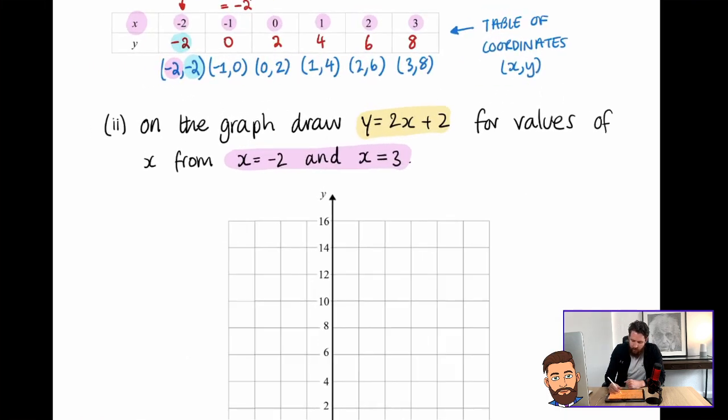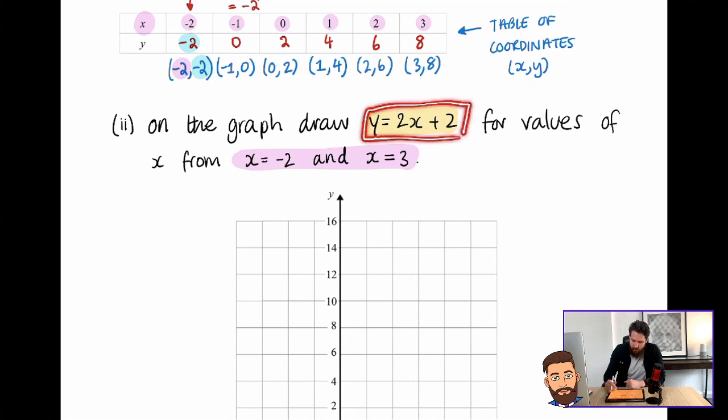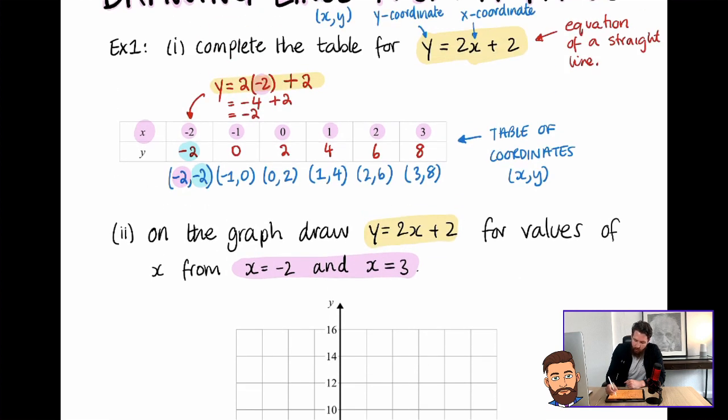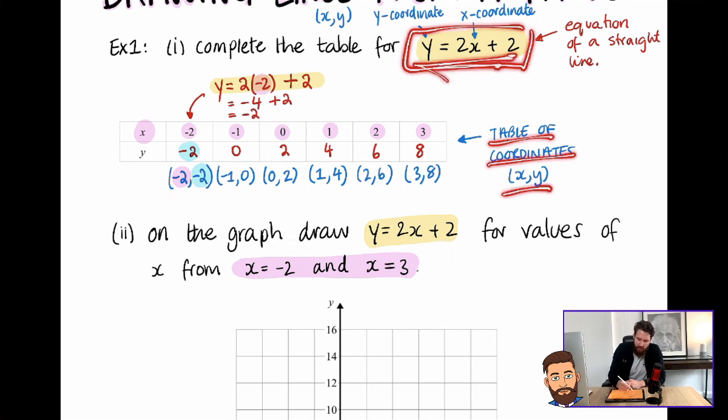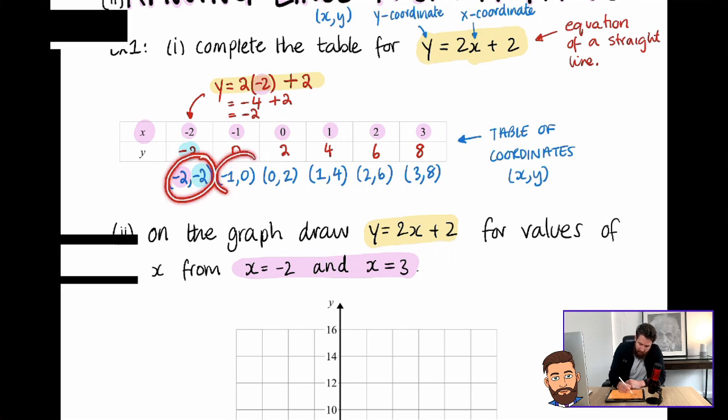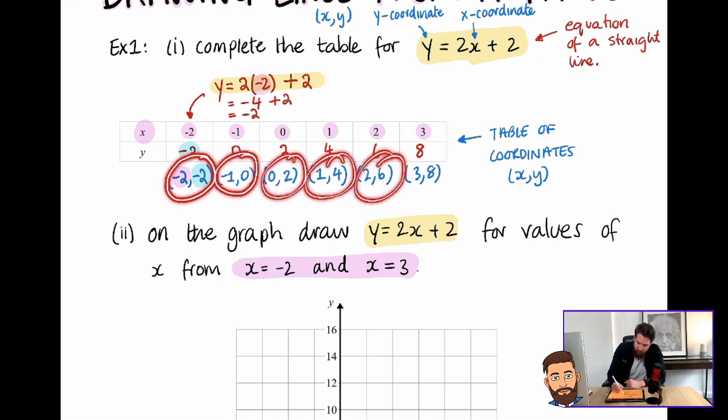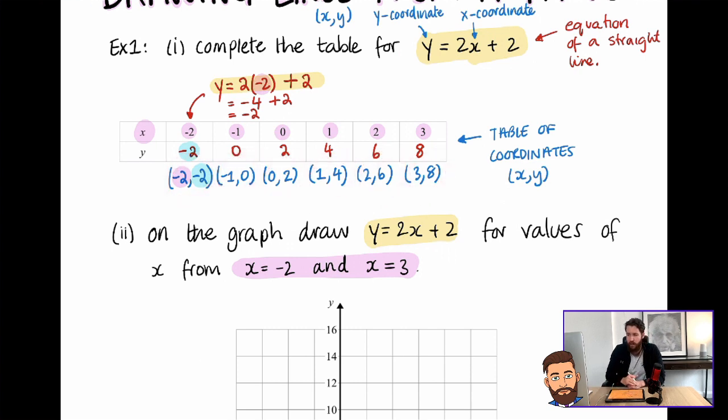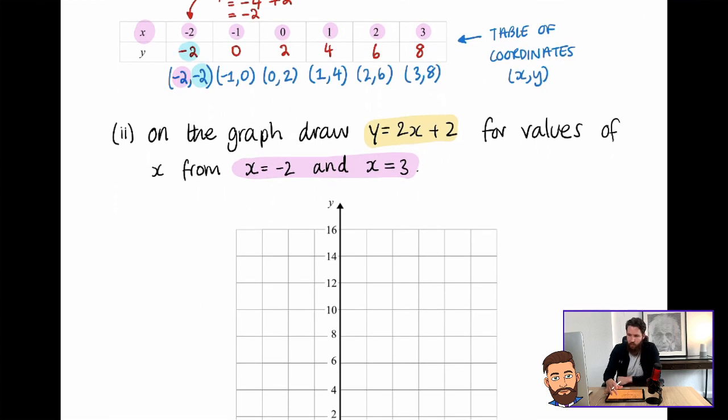Well, if I need to draw the line y equals 2x plus 2, I've just filled out a table of coordinates for that very same equation, which means I can simply take my coordinates and plot them, and hopefully, if we've done it correctly, it's going to make a nice straight line. So let's start by plotting the first coordinate.